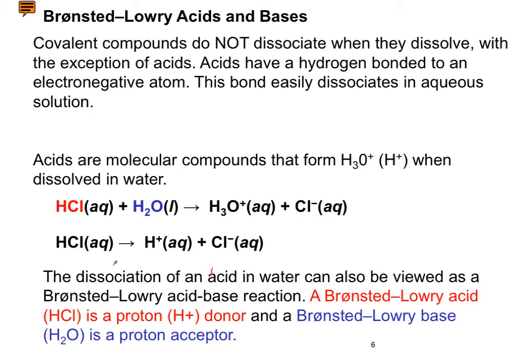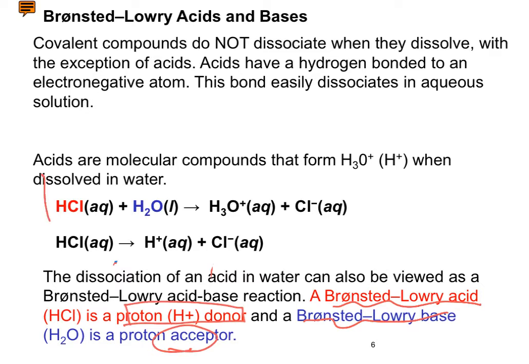So, to refamiliarize yourself with the definition of a Bronsted-Lowry acid and a Bronsted-Lowry base: a Bronsted-Lowry acid is something that donates a proton, a hydrogen ion, and a Bronsted-Lowry base is a substance that accepts a proton.